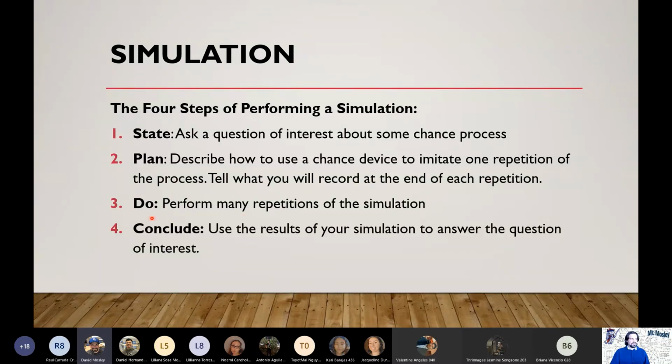This is why I'm going to show you some ways that we can do a simulation and do it quickly at the end of the presentation today, because it can become very time consuming to do many repetitions of a simulation if you're not using some sort of software or application to do so for you, or you're not doing it in a group.